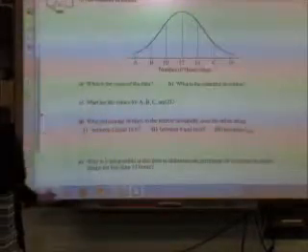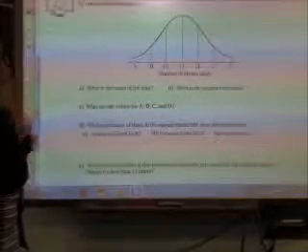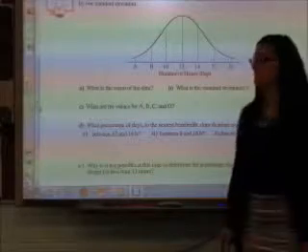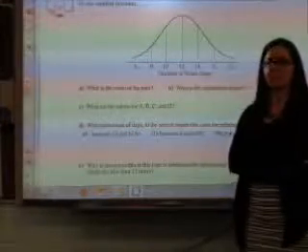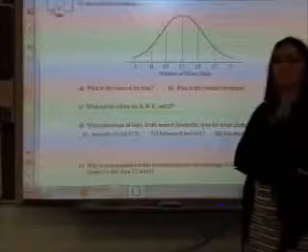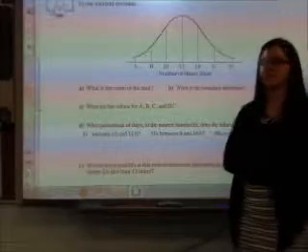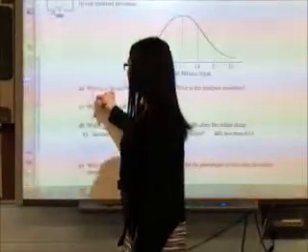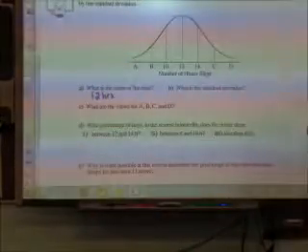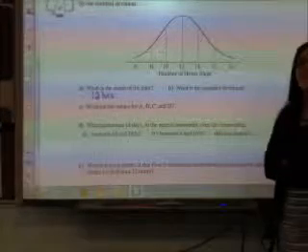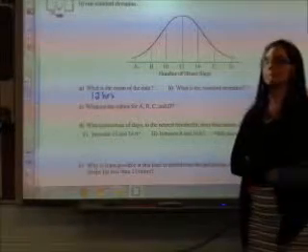So a nurse records the number of hours a day an infant sleeps and creates a normal distribution curve. What is the mean of this curve? Where's the middle? 12. What does that represent? 12 what? Hours slept. So the baby sleeps on average 12 hours per day. What's the standard deviation?